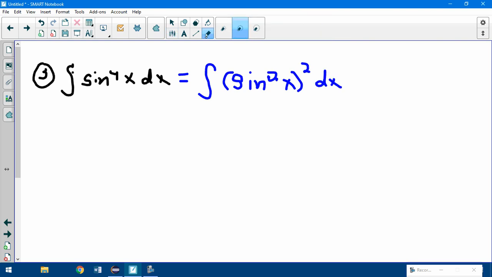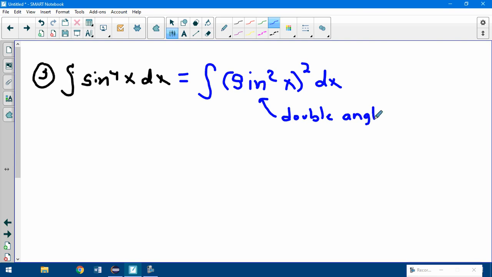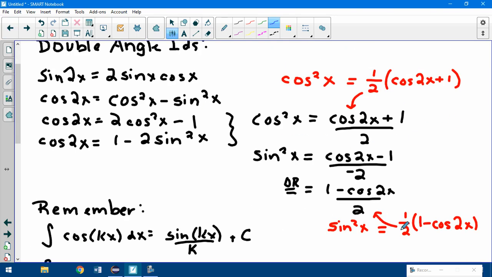Sorry, that's not coming out as well on this page. That's a squared there. Okay, so then sine squared here is where you'd use your double angle identity. So this is the integral of, and you always need to flip back and check, sine squared is 1/2 times 1 minus cosine of 2x.